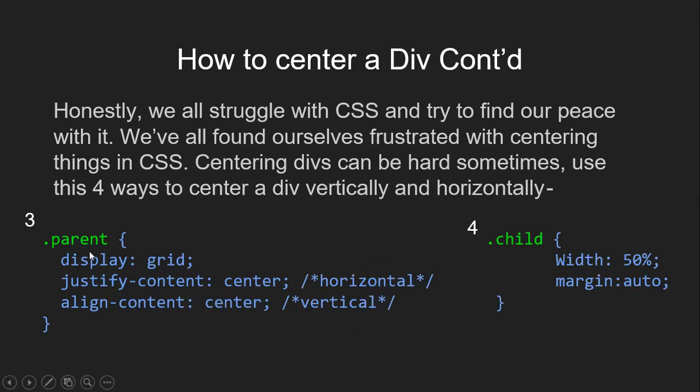The third way again is by using display grid. Display grid can also justify our content to the center and align content to the center. Or you just use a width on a child, then give it a margin auto. This will center the elements at the center of your web page.